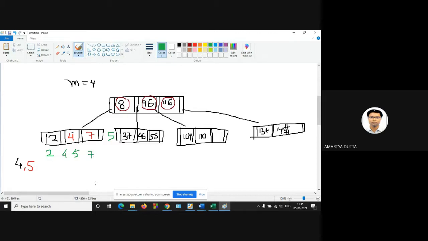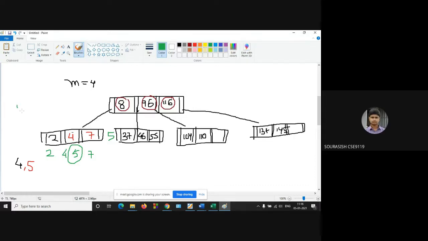So which one will be the median? Any of the elements between 4 and 5. So we choose the median as 5, because we will take the ceiling value.